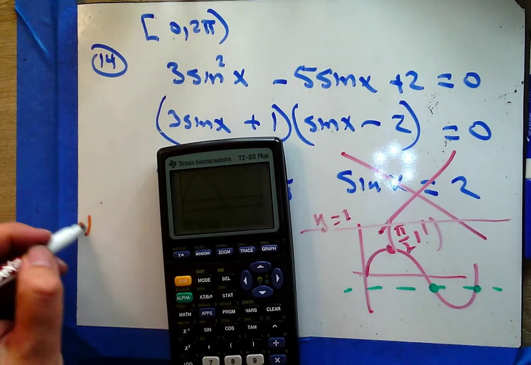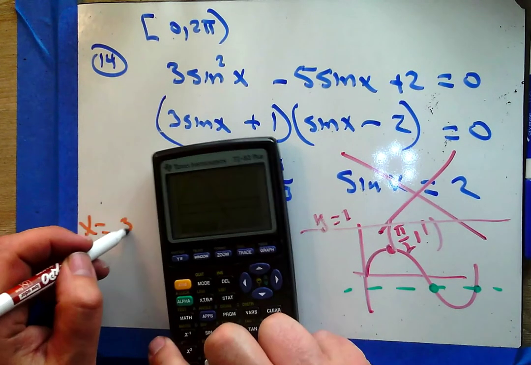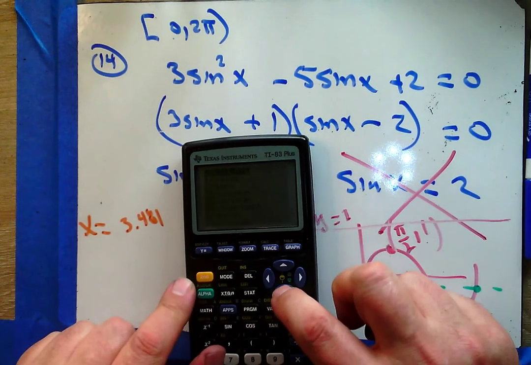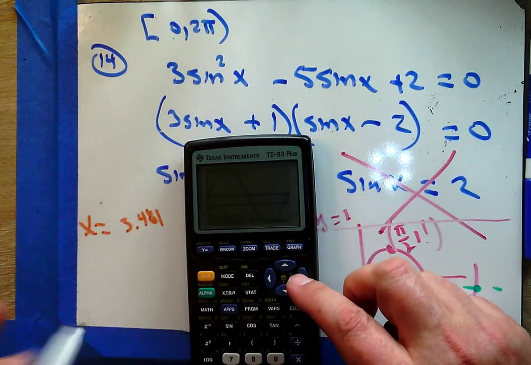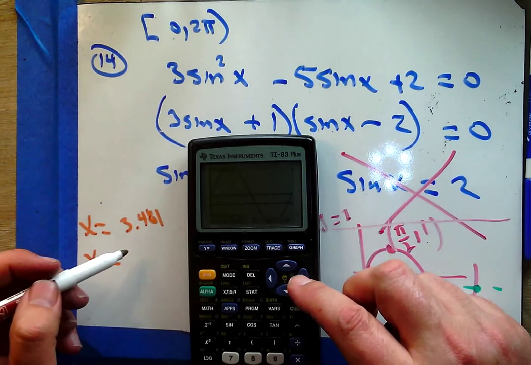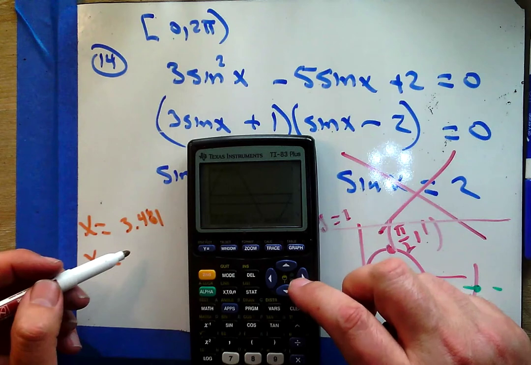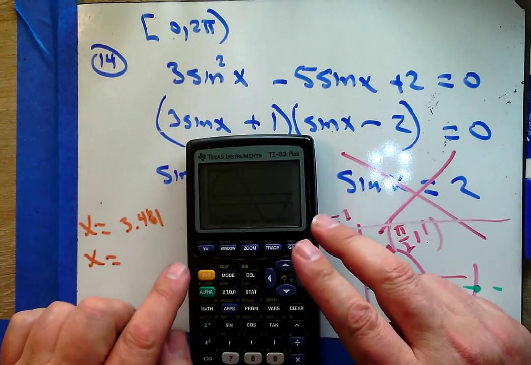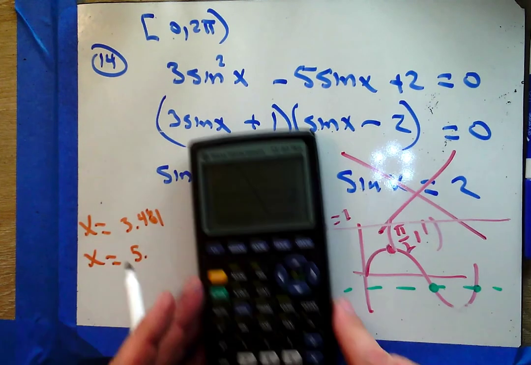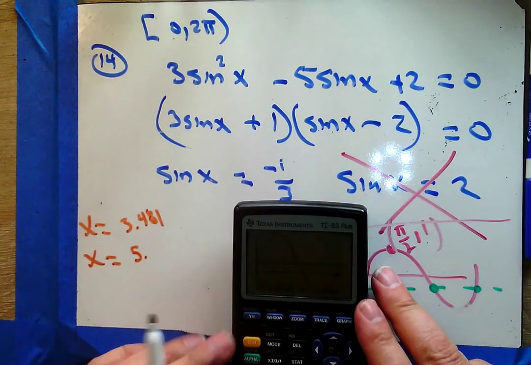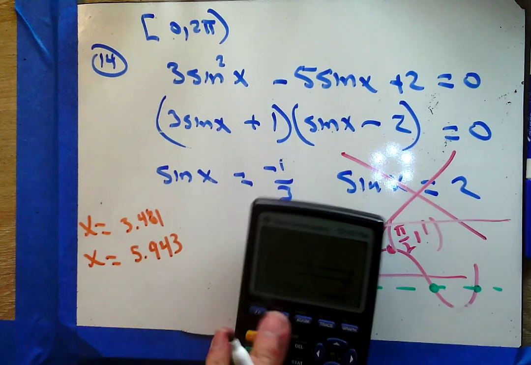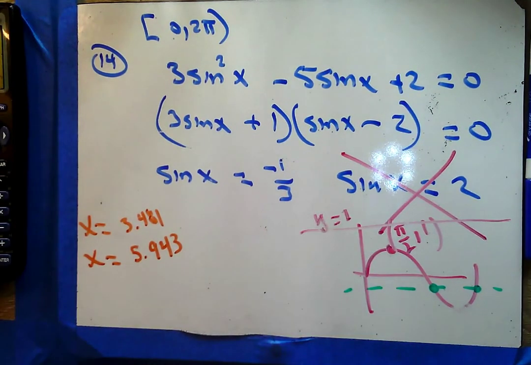The first solution is 3.481. Second, calculate, intersect. The second solution is pretty close to 2 pi. Maybe it'll be a little less than 6. Enter, enter, enter. And I get 5.943. So those are the solutions that we come up with here.